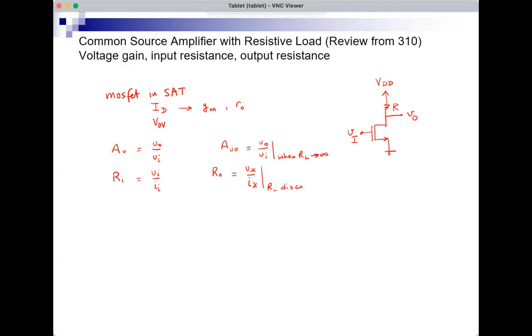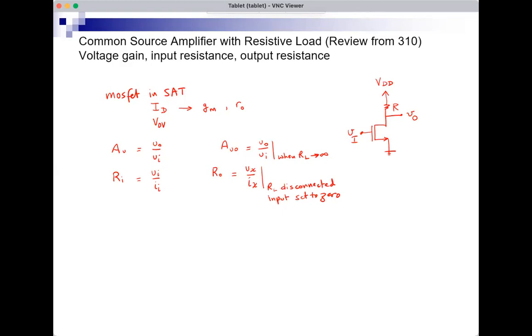The test source replaces the load, is connected where the load was connected, and the input is set to 0. So VI in this case is set to 0. All right, and then we find the value of Vx over Ix, the test source voltage divided by the test source current.